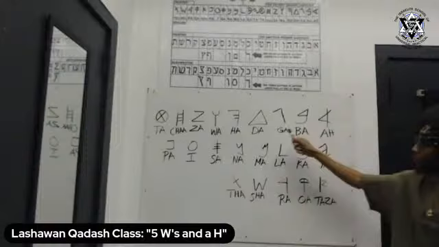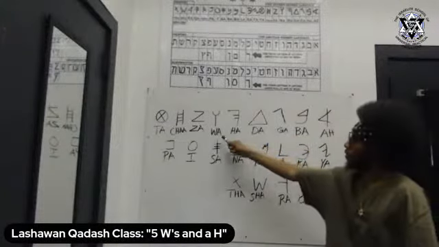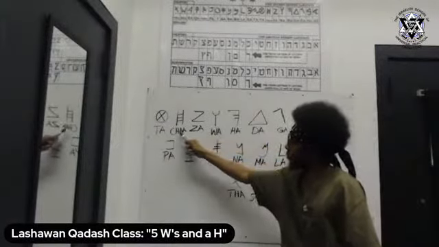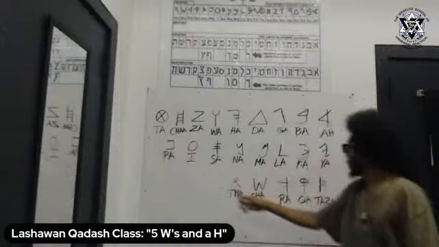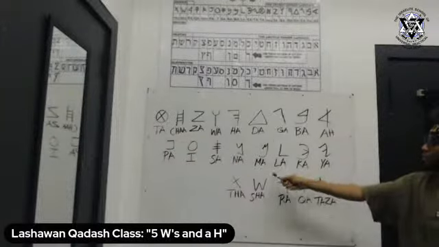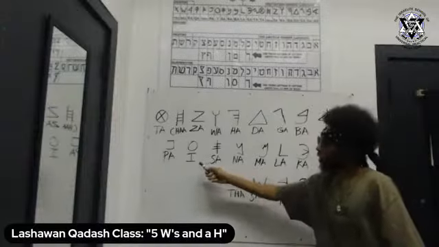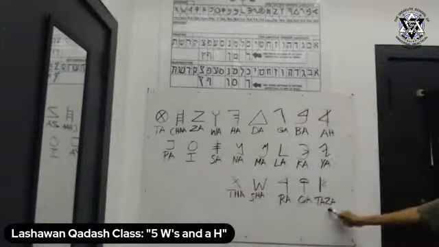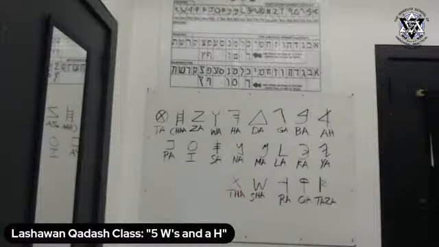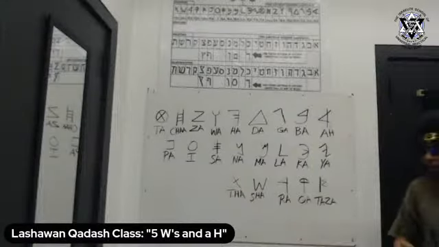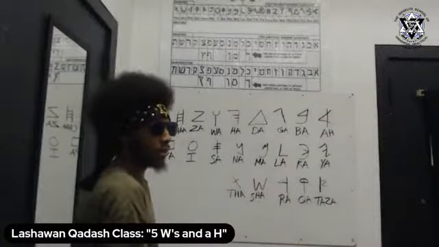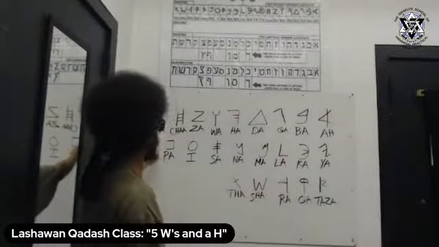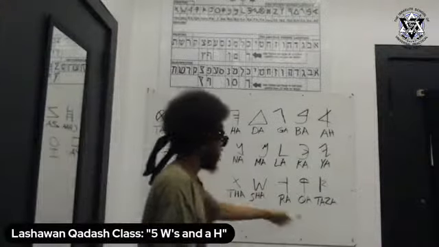Say this loud. Ta. Say it again. Let's say it faster though. You ain't gotta separate it. Ta, za. No, not Taz. I mean, ta, za. What is this? Ta, za.